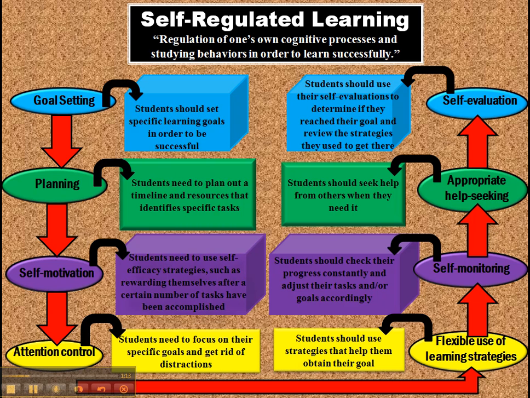The next step is self-motivation. Students need to use self-efficacy strategies, such as rewarding themselves after a certain number of tasks have been accomplished. So, for example, they could make sure that they have their thesis if they're going off of the research project example.